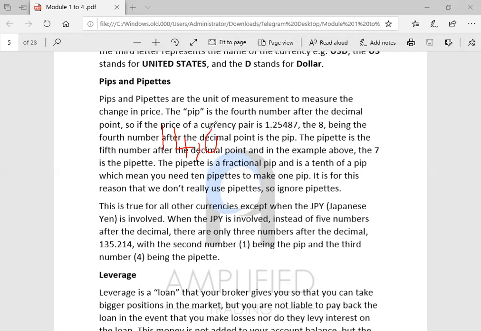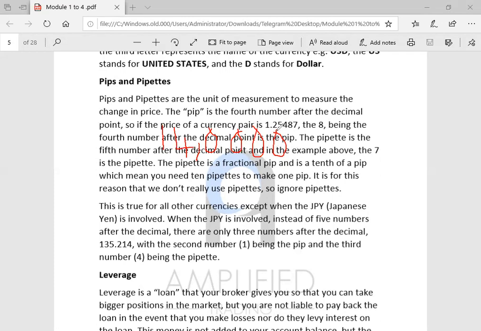Hopefully you guys can see my squiggly handwriting. So that is how 14 Rand actually looks on your MT4 platform. So 1, 2, 3, 4. So this is the pip.